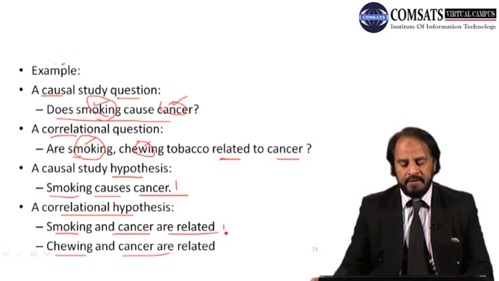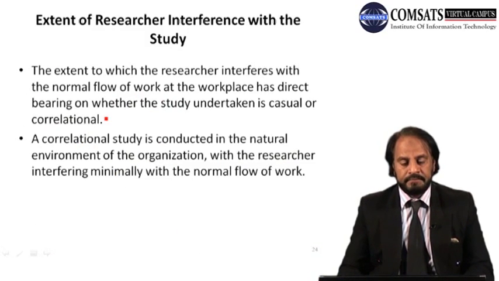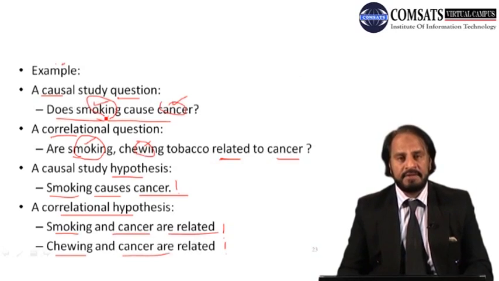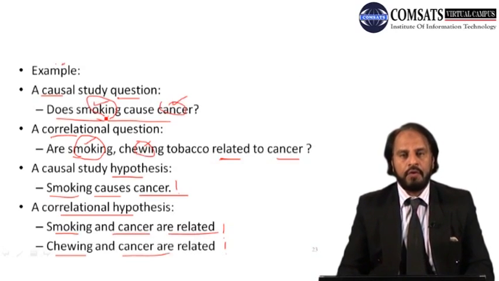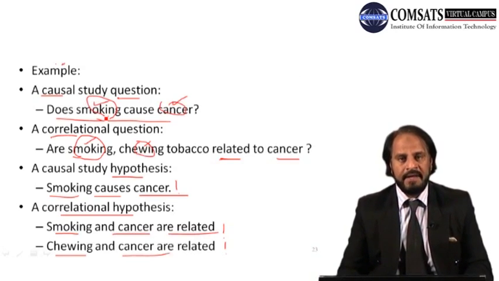So we are again making statements, but we are saying they are related. The difference is that in the causal study, you're focused on a particular variable, and you're trying to say that this independent variable is the cause of the change in the dependent variable. No other variable has an effect.